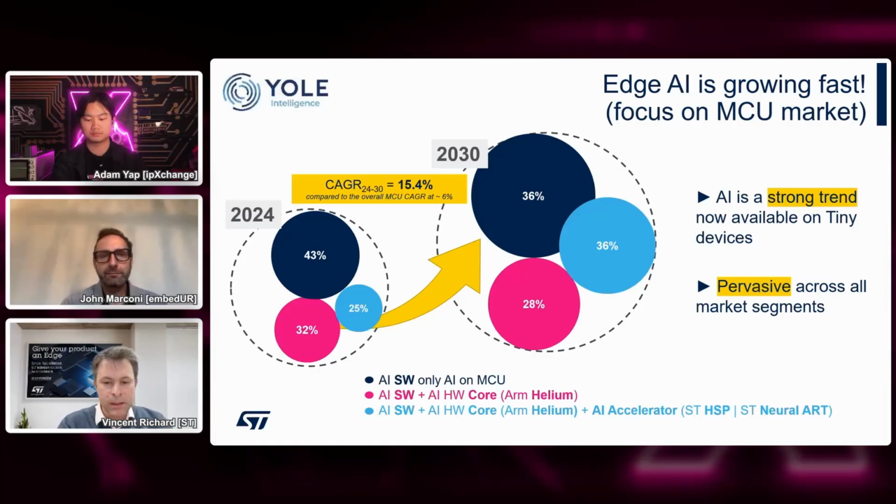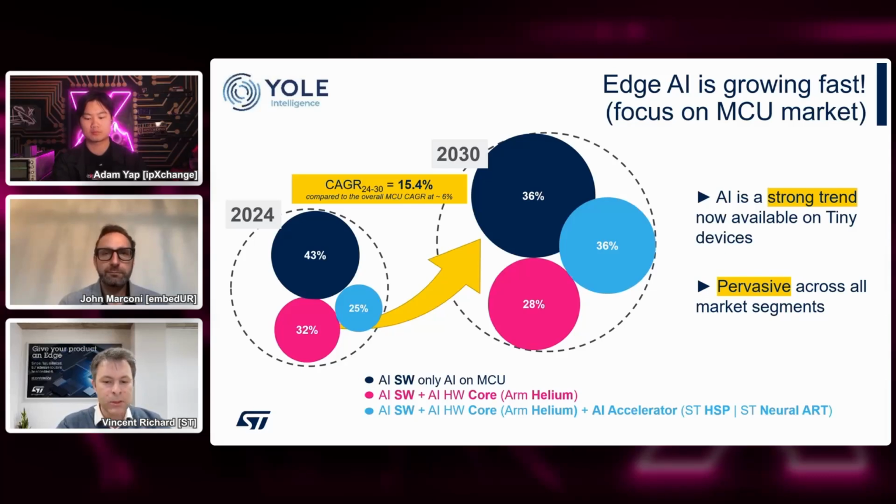What we can see on this chart coming from Yole, which focuses on edge AI adoption for the MCU, is that AI algorithms overall are more and more used across MCUs, with an estimated CAGR of 15% for the period 24-30.